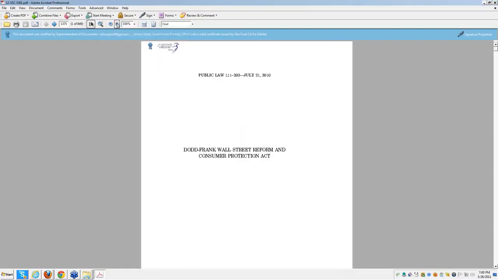Can everybody see that? Reform Act. It's called the Dodd-Frank Wall Street Reform and Consumer Protection Act. Can everybody read that? I got this off of the internet. You can download this off the internet. Okay.